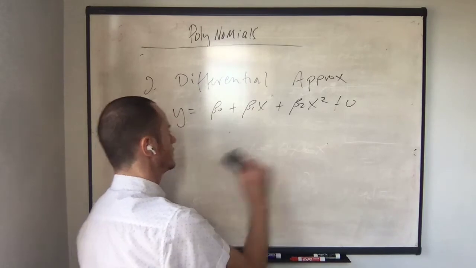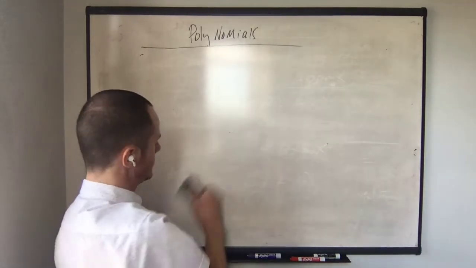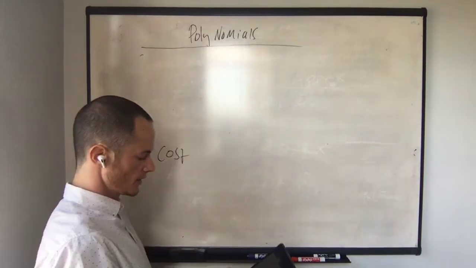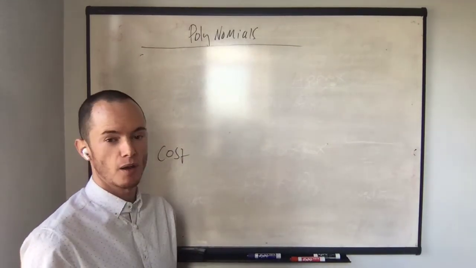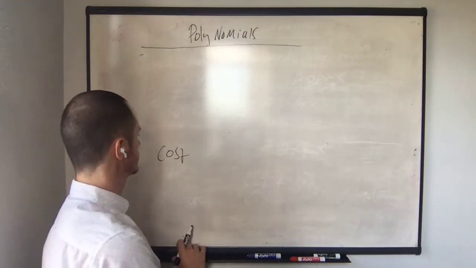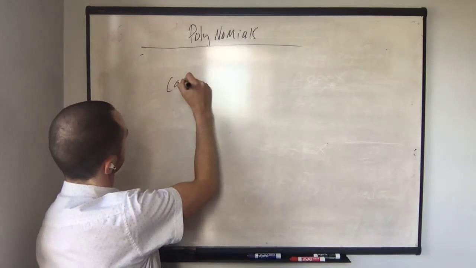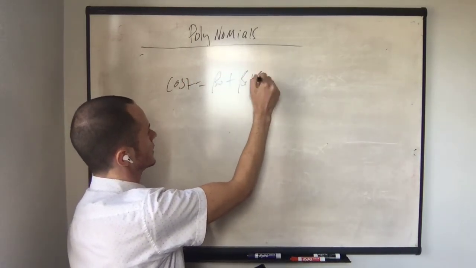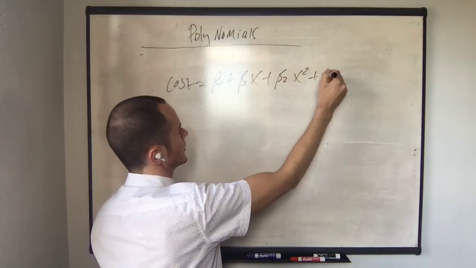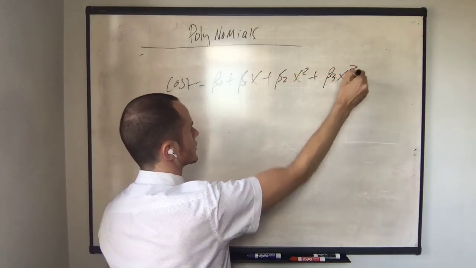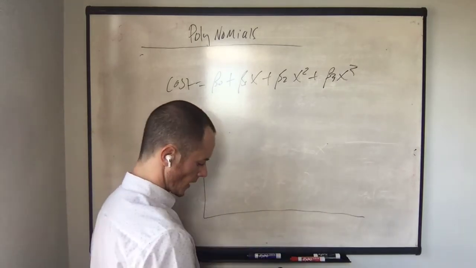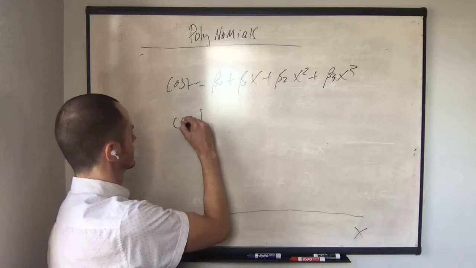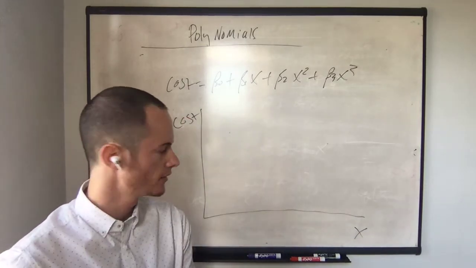Another example of a polynomial then might be a cost function, which is typically a polynomial of order up to 3. I'll write this up here, which is beta naught plus beta 1 x plus beta 2 x squared plus beta 3 x to the third. And so x is quantity, right? Cost is on the y-axis.